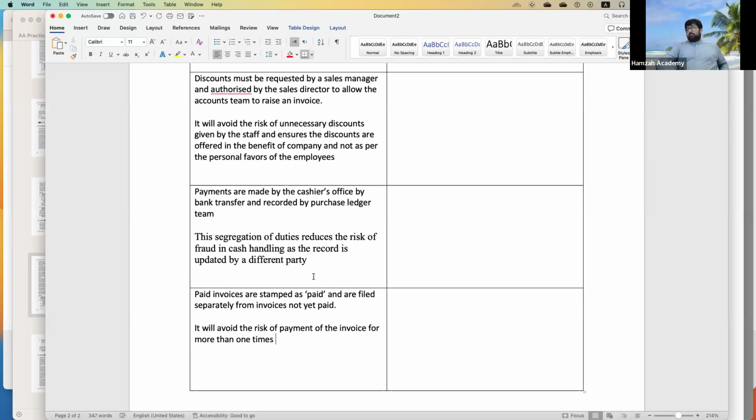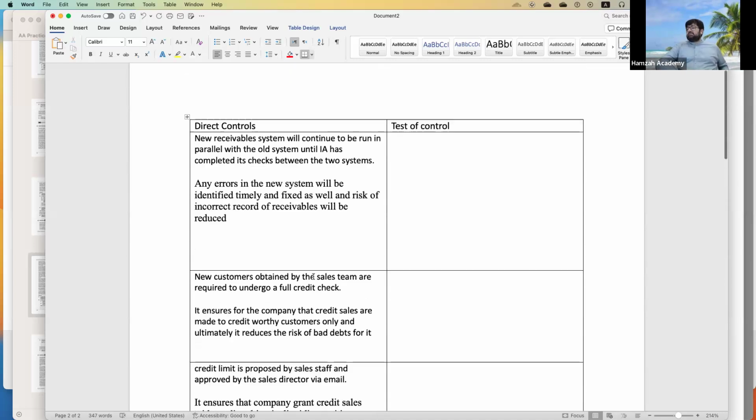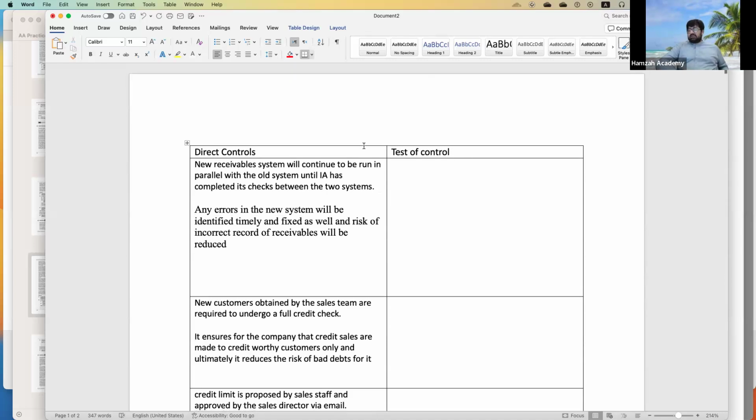Now, the point is, what is the test of control? Now it should be clear. Direct control should be clear. Now comes the test of control. Test of control should test the control, this control, not anything else.